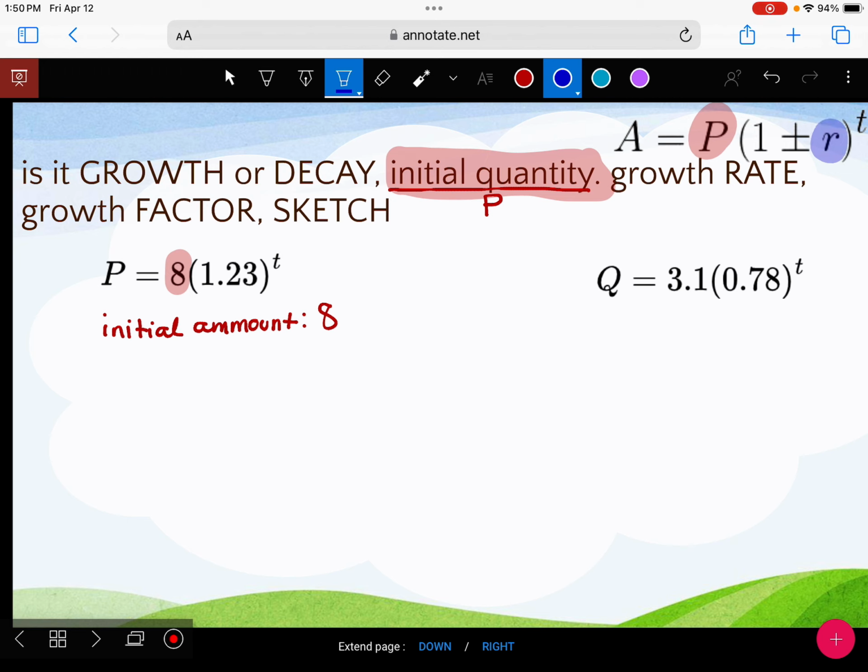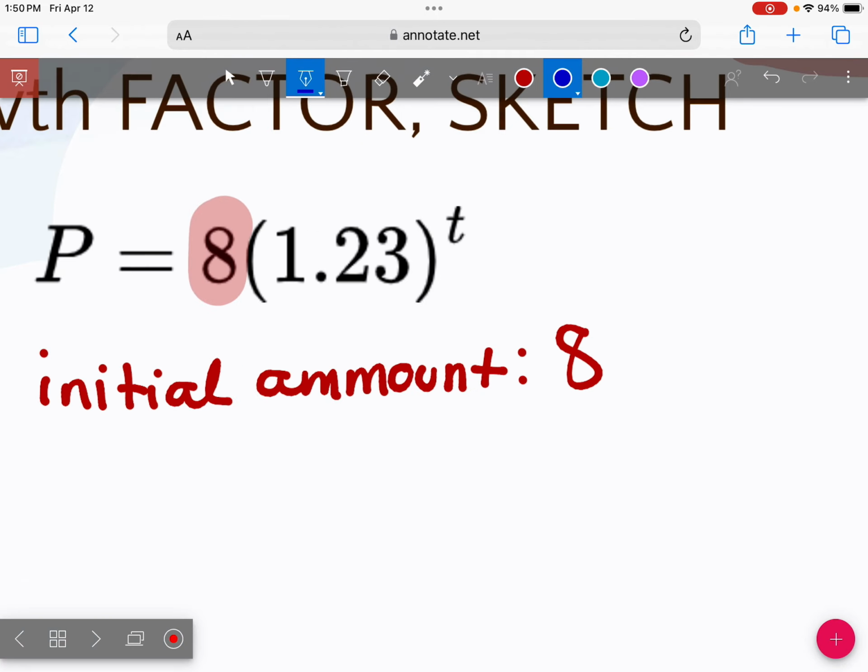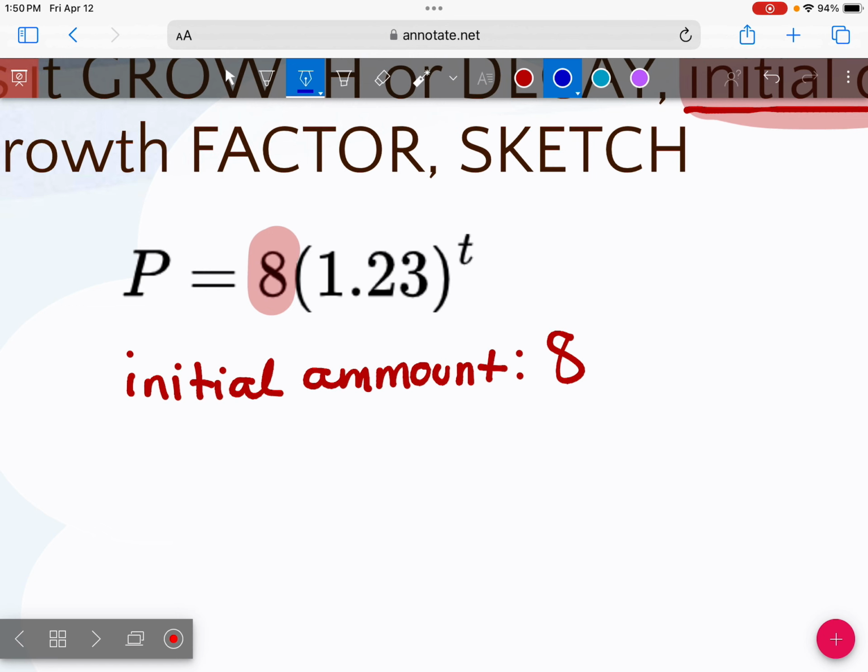R is my rate, which they don't have listed as a plus or minus here. They've already done that part. So we're looking for our rate.